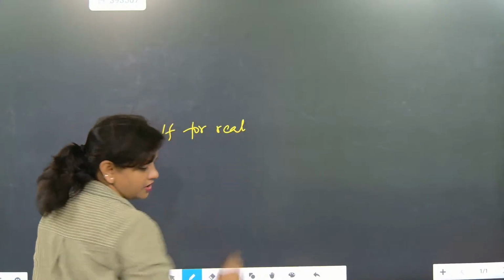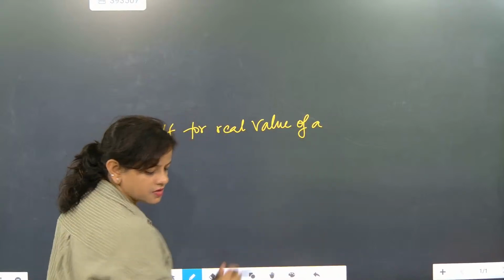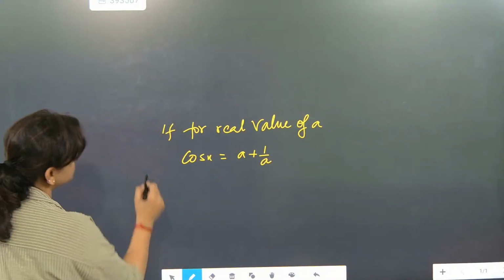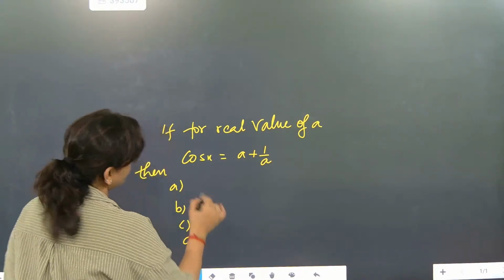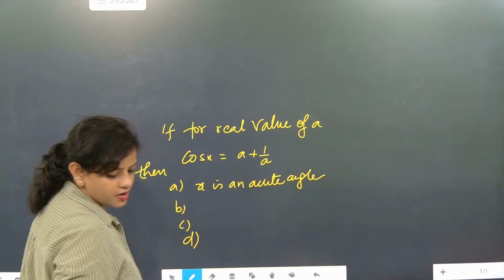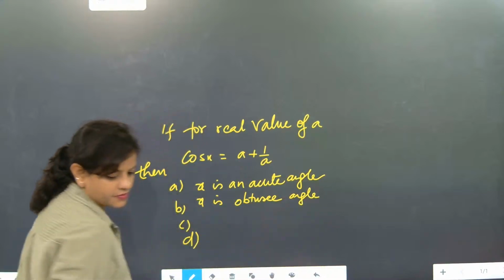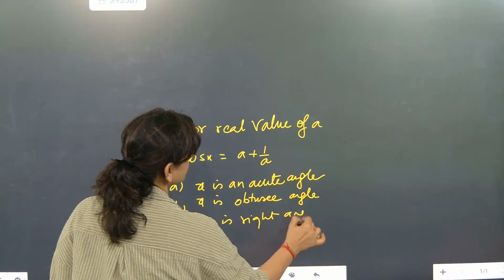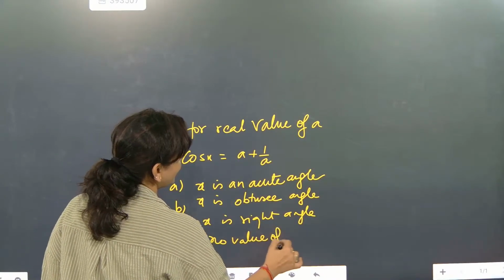If for real value of a, cos x is equal to a plus 1 by a, then: x is an acute angle; x is an obtuse angle; x is a right angle; no value of x is possible.